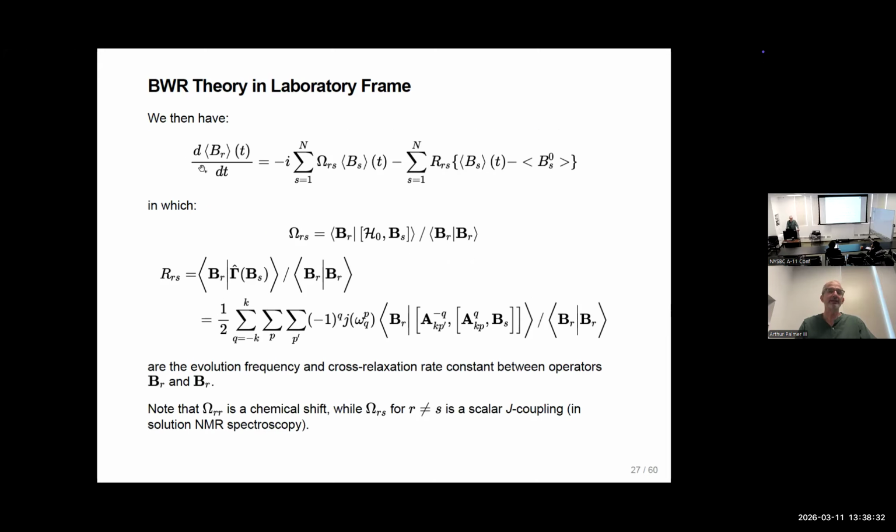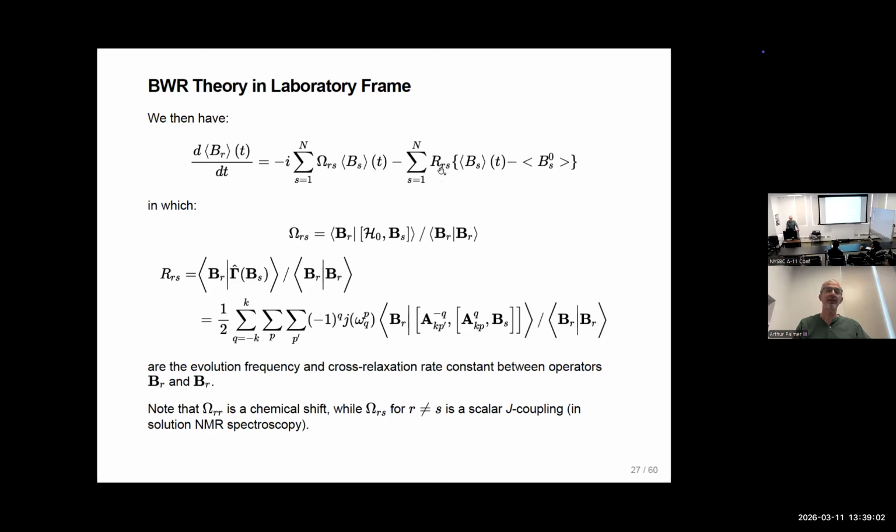So now we have an algebraic equation. Everything that has an I in front of it is going to look like some kind of generalized frequency. They could be chemical shifts, it could be J couplings, but everything with an I means frequency at the end of the day. And everything that's a real number is going to be a relaxation constant of some kind.